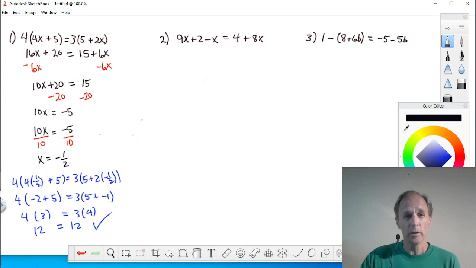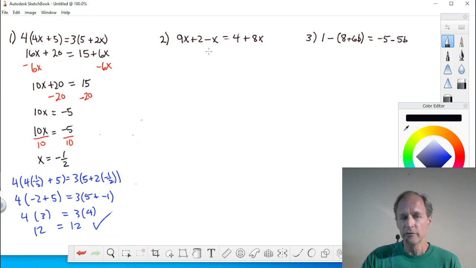Again, there's some work to do to simplify this before we start solving it, you might say. You see a problem like this, what do you have to do first? You want to get x by itself, but when you look on the left, you've got 9x, you've got another x term there, negative x.